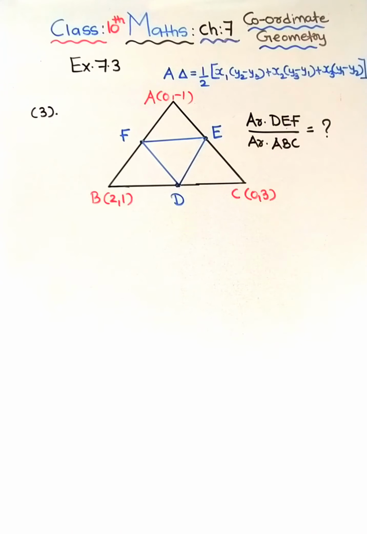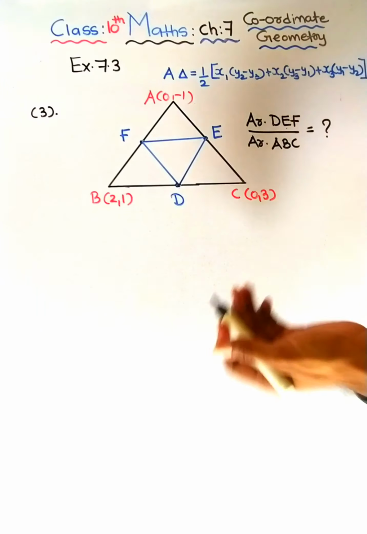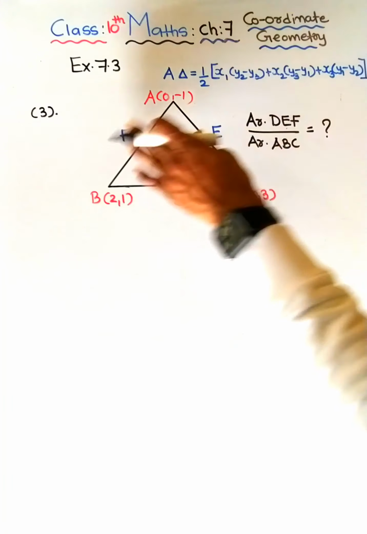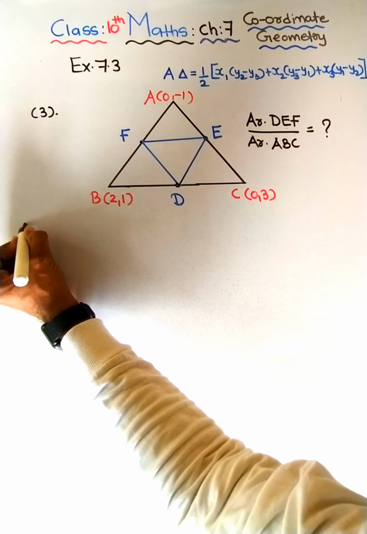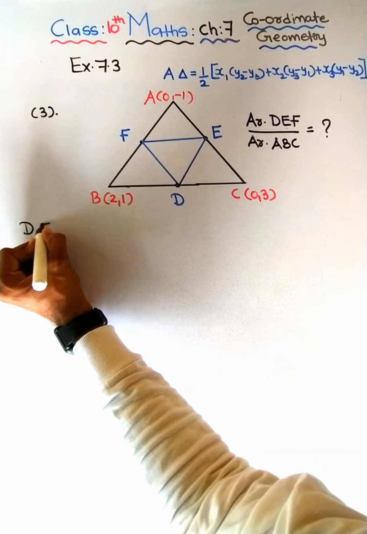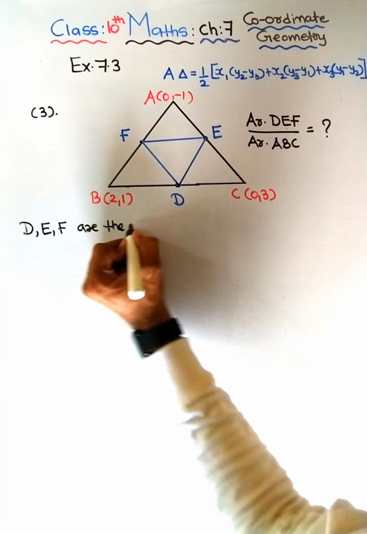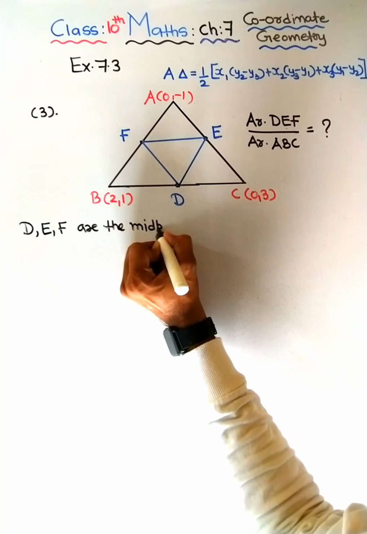So again, it might be lengthy, but it is very easy, as we have to use the midpoint formula to find their coordinates, and then we will find our area. So let us find the midpoints D, E and F respectively. So D, E and F are the midpoints.